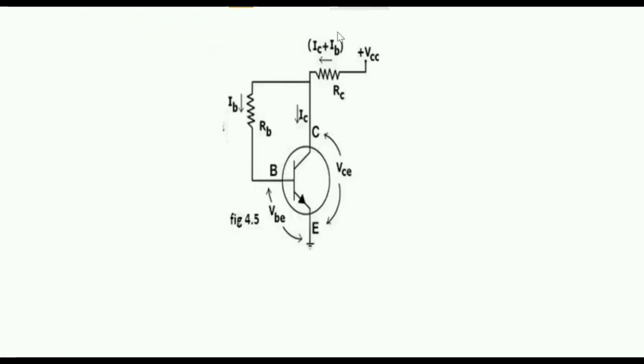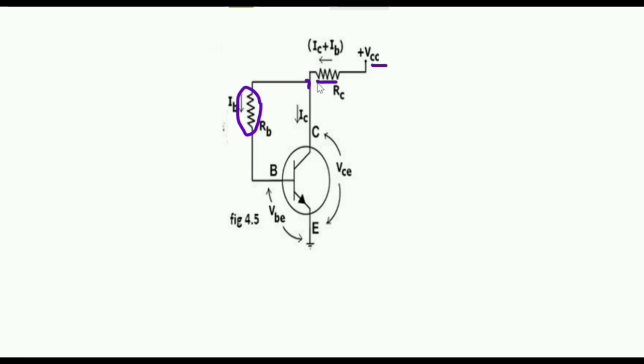This is the circuit diagram of collector to base bias, and here this is the power supply, this is the collector resistor, and this is the base resistor. This is the transistor. We are using an NPN transistor, and we can see that the base resistor is directly connected to the collector terminal of the transistor.